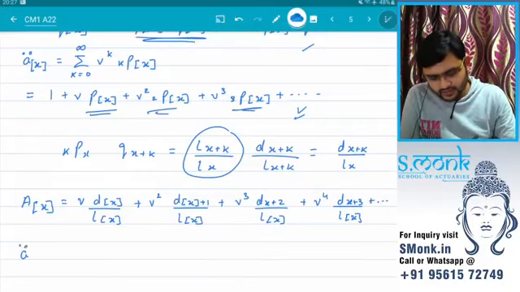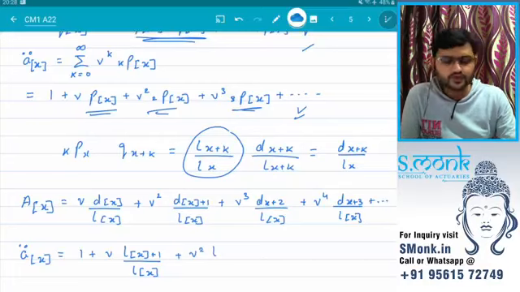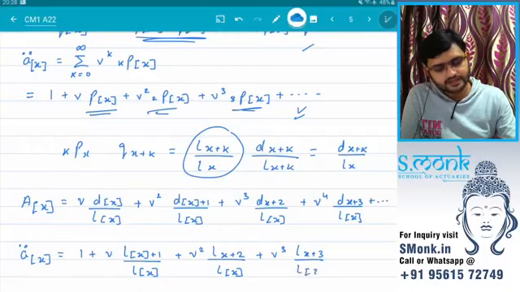So a-due select x will be 1 plus v, I will have l select x plus 1 upon l select x plus v squared. l, after 2 years select goes away, so lx plus 2 upon l select x, v cubed lx plus 3 upon l select x, and this goes on forever.